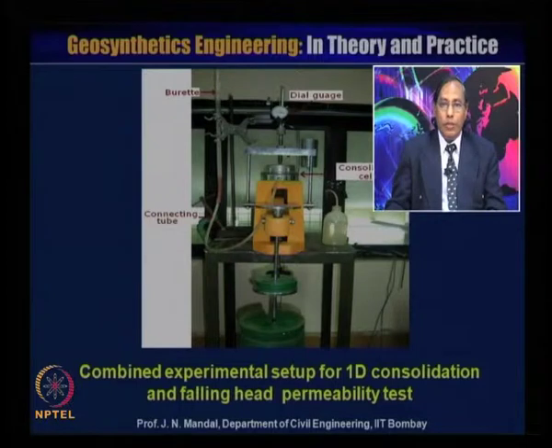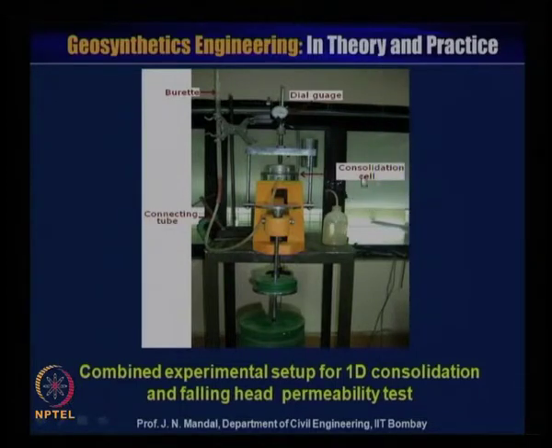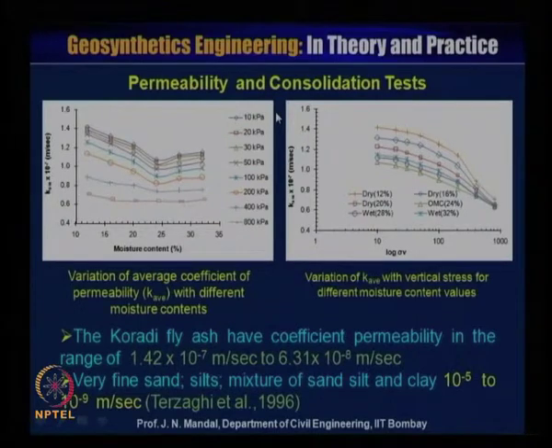This is the consolidation cell, and this is the connecting tube, and this is the burette here, and then this is the dial gauge. A number of tests have been performed for the permeability and the consolidation test.